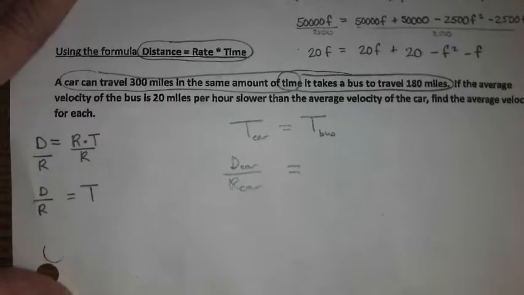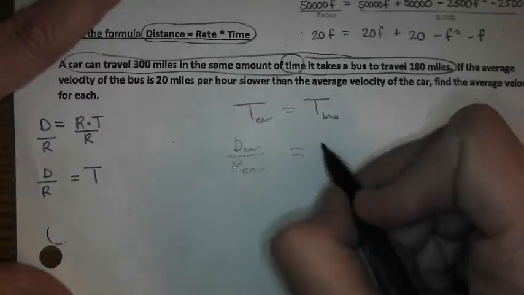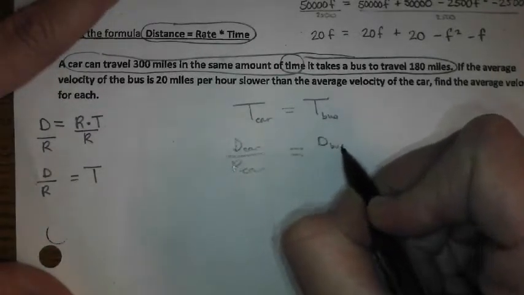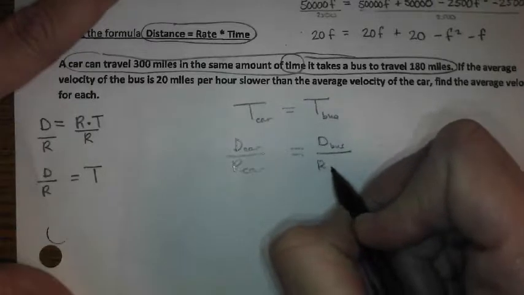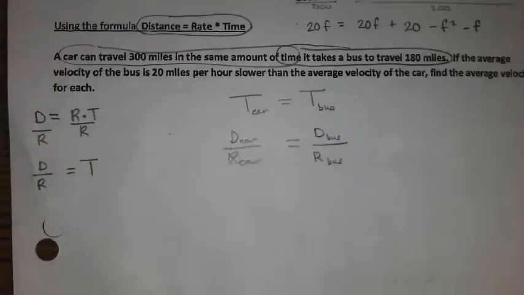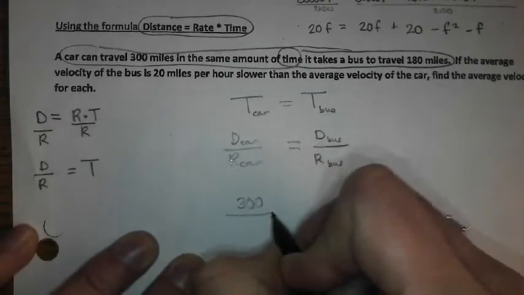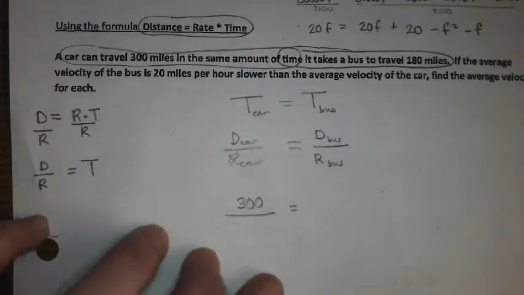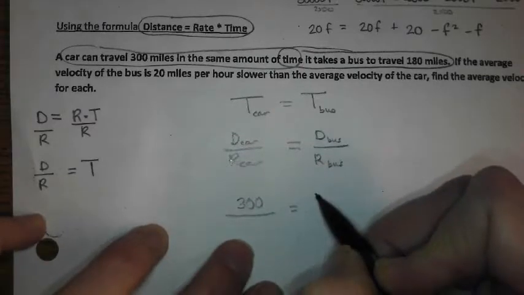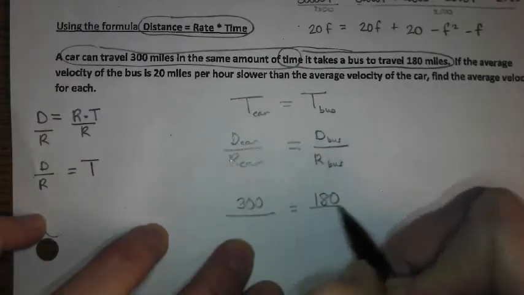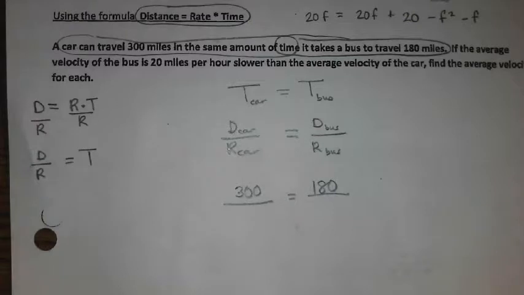And the time for the bus, I'm replacing the distance for the bus over the rate for the bus. And they gave me information about those two things. What was the distance the car traveled? 300 over. What was the distance the bus traveled? 180. Did they give us the rate of either of those two?